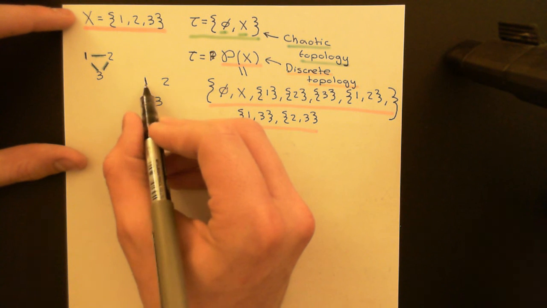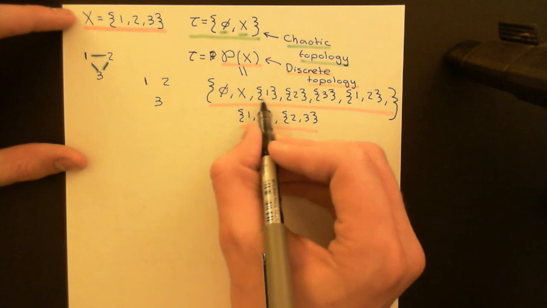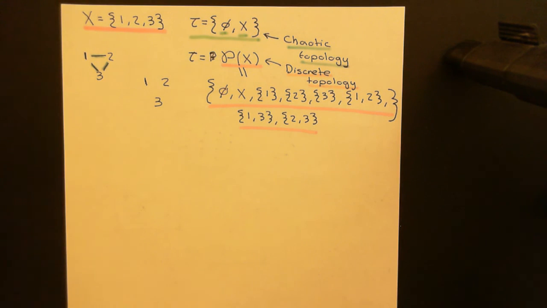And then the same is true for 1 and 3, because 1 is on its own there, so it's not appearing with 3 whenever it appears, so those two aren't going to have a line drawn between them either. So I'm not actually going to draw any lines at all, hence they're all going to be on their own. They've got no neighbours, they're next to nothing basically, and that's why it's called the discrete topology. Everything's apart.